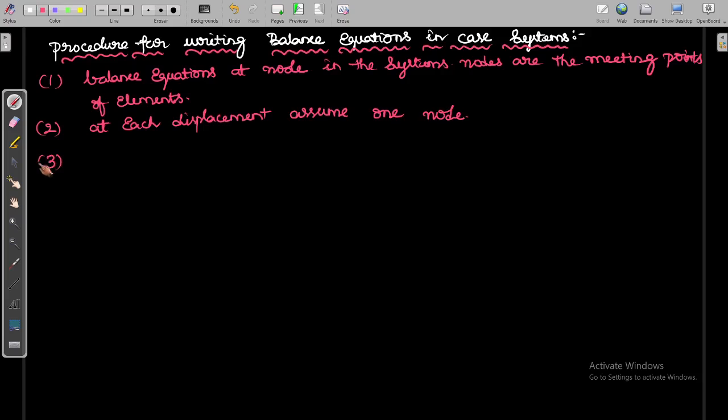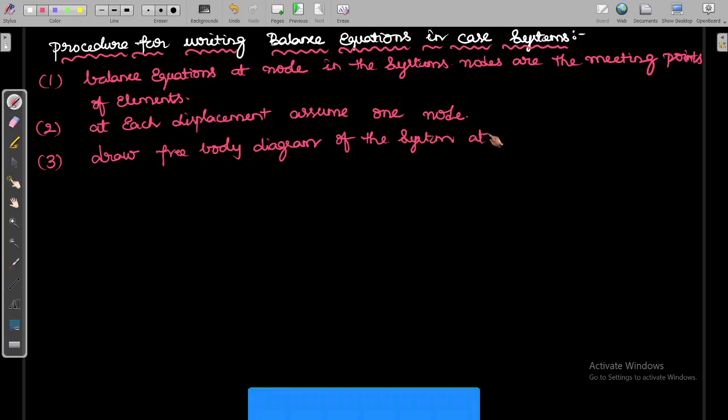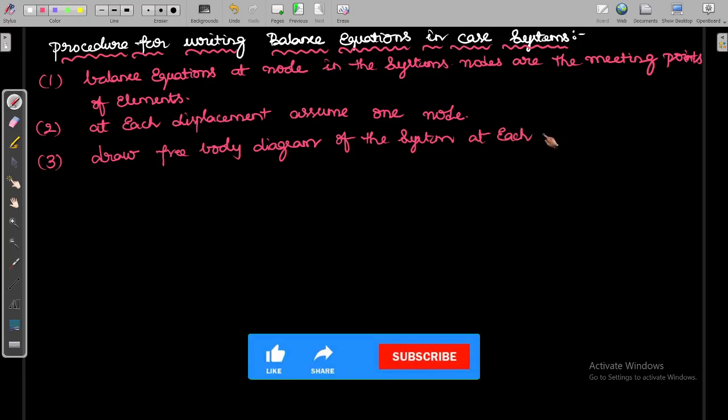The third step is to draw the free body diagram of the system at each mass or node. Masses will be considered as nodes here.